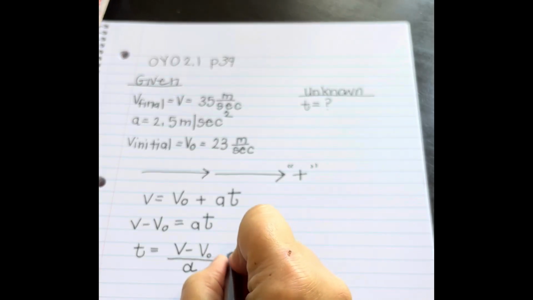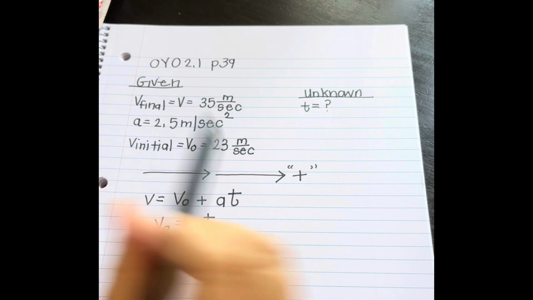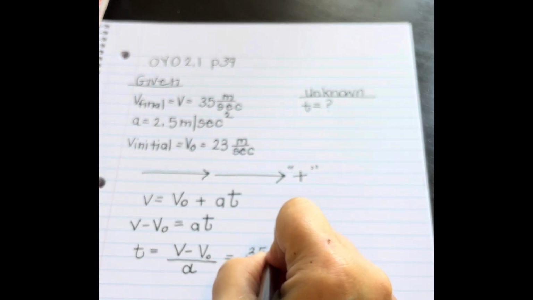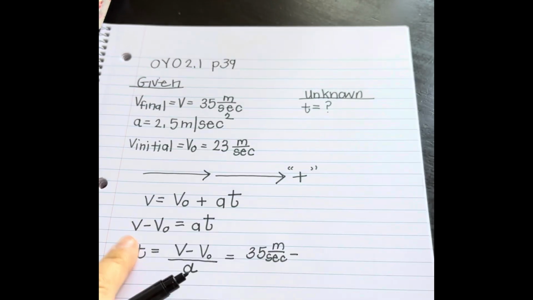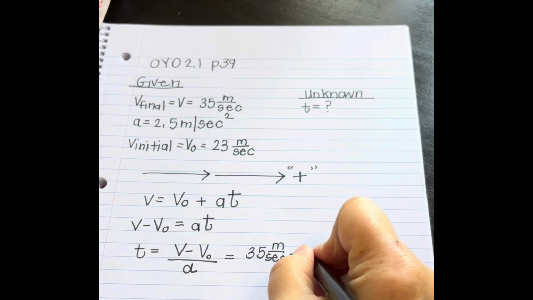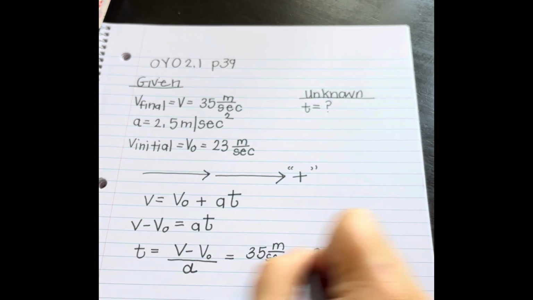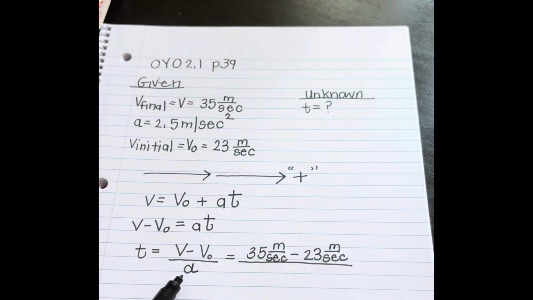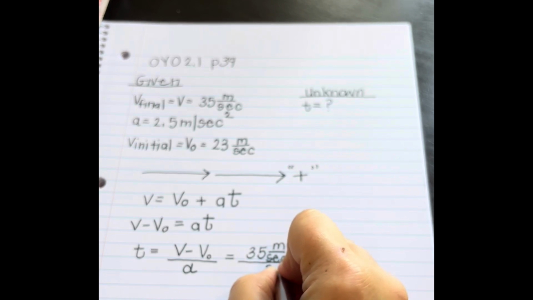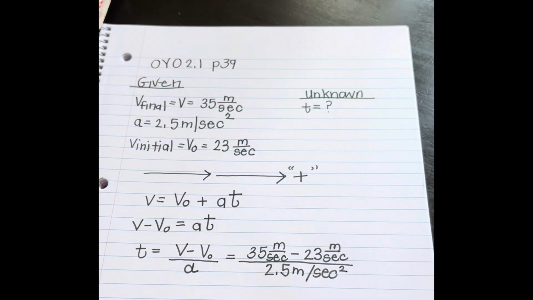So now we just have to put all of our values in. V final, or V, was 35 meters per second, minus V initial, or V naught, which is 23 meters per second, over the acceleration, which is 2.5 meters per second squared.